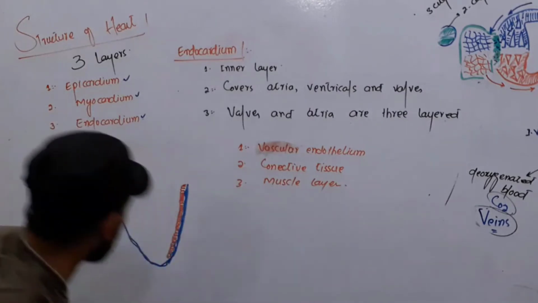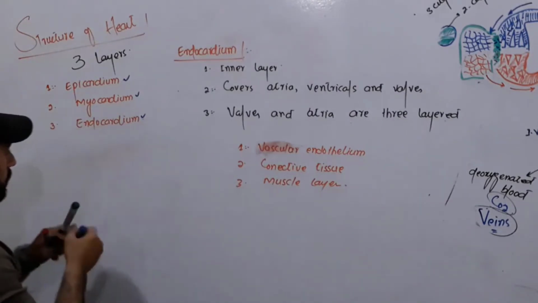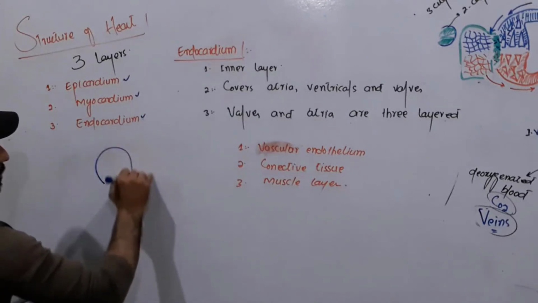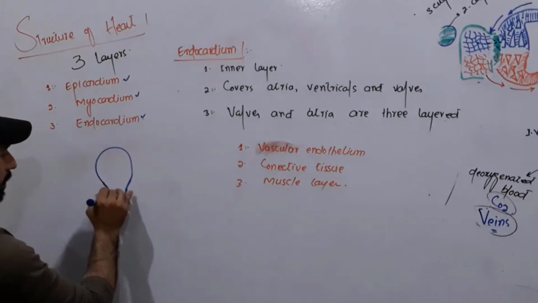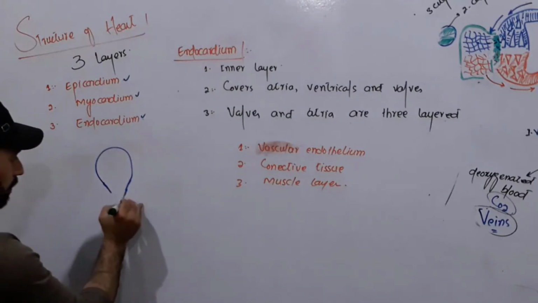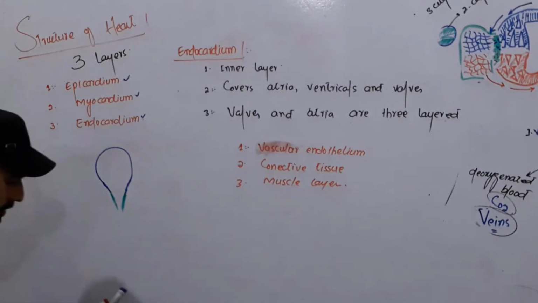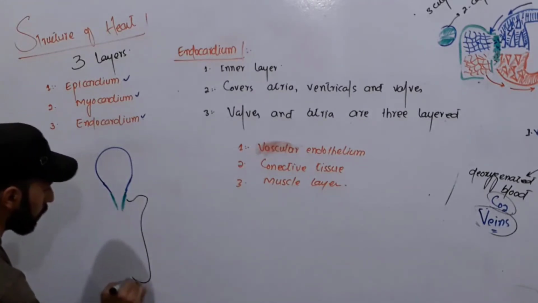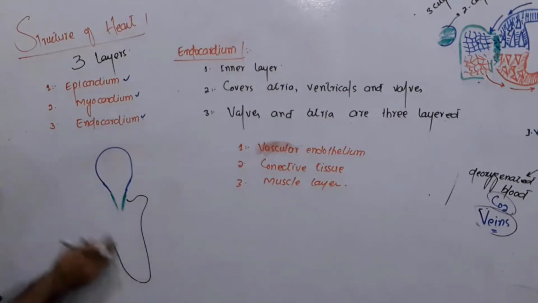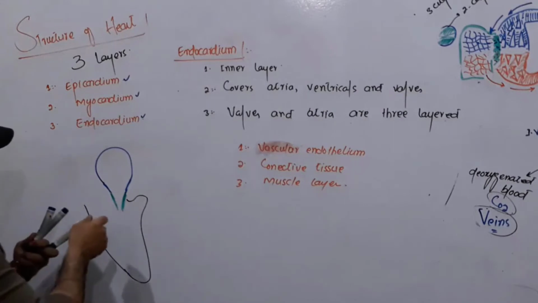Okay, let's make the complete heart, then it will be clear. This is the atria, these are the valves, right? And the lower is the ventricle. This is ventricle.